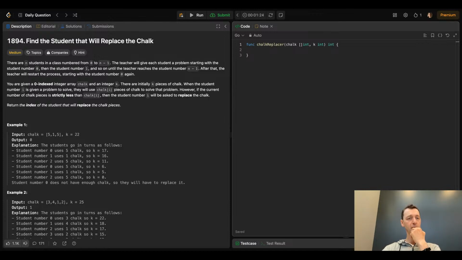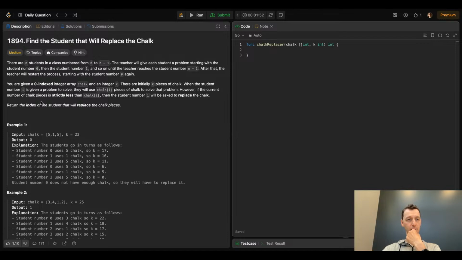You're given an integer array chalk and an integer k. There are initially k pieces of chalk. When student i is given a problem to solve, they will use chalk[i] pieces of chalk to solve the problem.